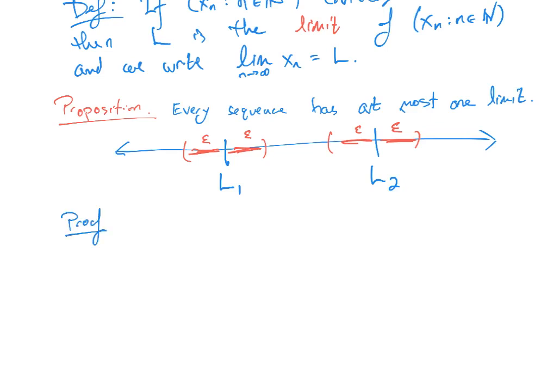What would be the formal proof? Well, we have to figure out what part of the definition of limit is contradicted here. Really what we want to do is pick an epsilon that shows that we actually can't converge to both L1 and L2.